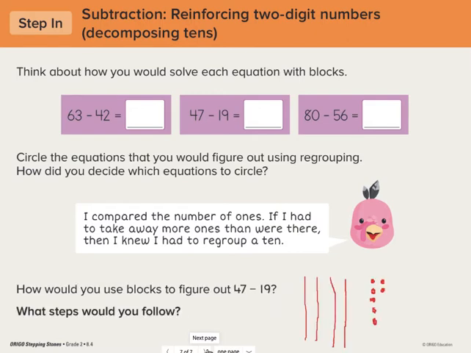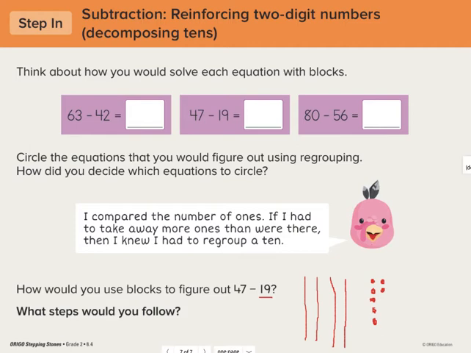So why don't we do this one together? So 47 is already set up for us. We have our 4 10s and we have 7 ones. But we need to take away 19, right? So we're going to have to do some trading because we don't have enough ones to take away 9 whole ones.